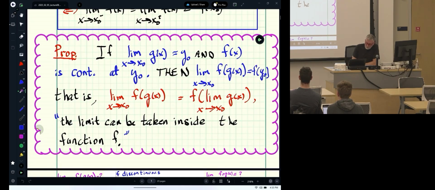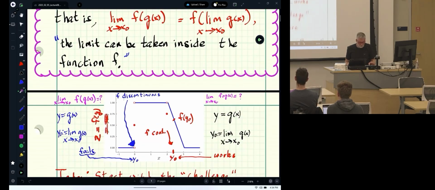If the inside function has a limit at x0 and the outside function is continuous at the limit point of g, then you can take the limit of the overall function by simply applying the limit to the often less complicated inner function g of x, and then all you do is evaluate f at that limit point. So it simplifies the process of computing limits. That's why we like this particular value.